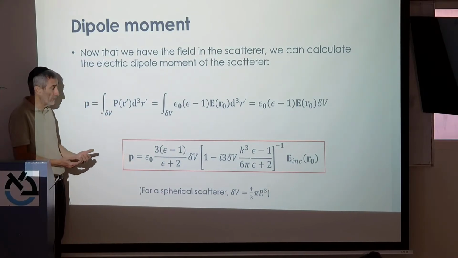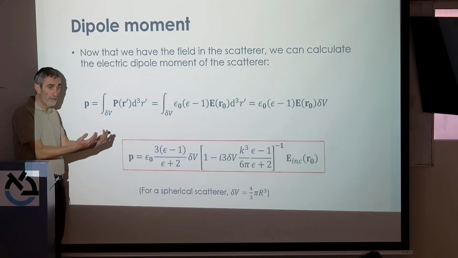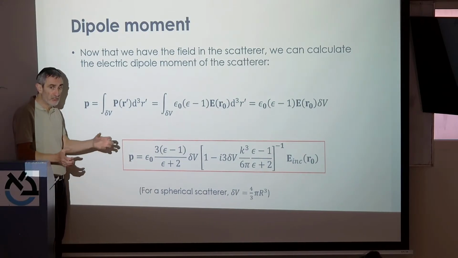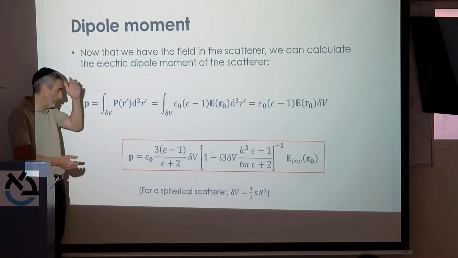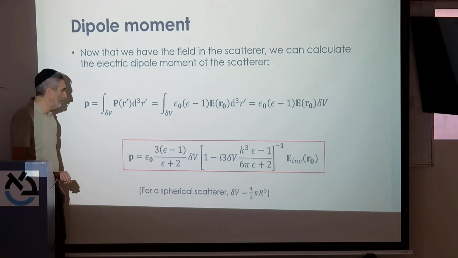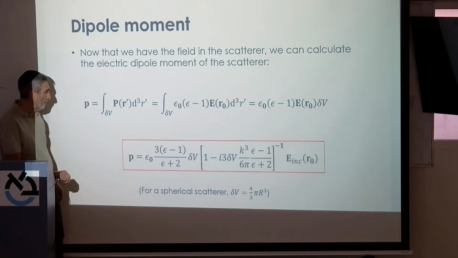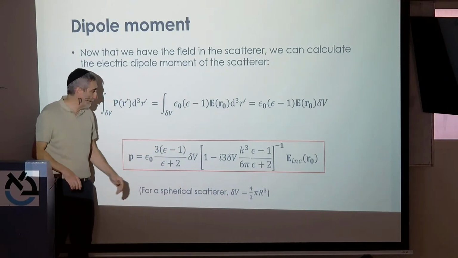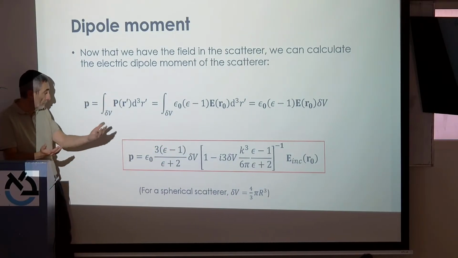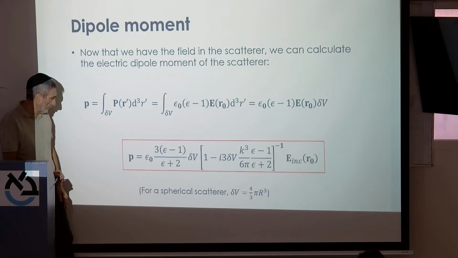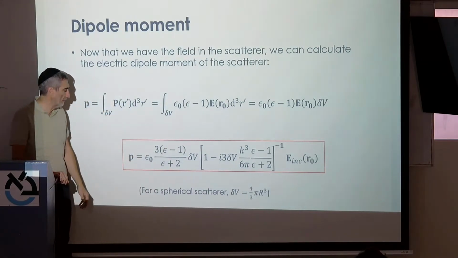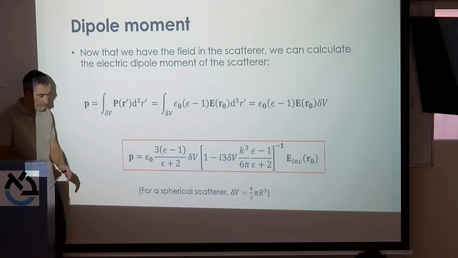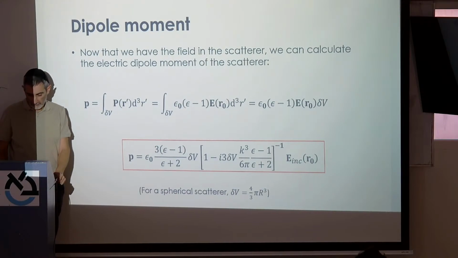This expression tells you: I have an incident wave, and this is the polarization that I generate inside my medium. My medium is polarized with this amplitude. Part is due to the static component, and the other is due to the radiation out, which is the loss. A special case: if you have a spherical scatterer, then you can take delta V as four-thirds pi R cubed.